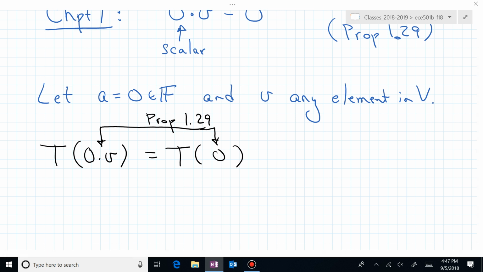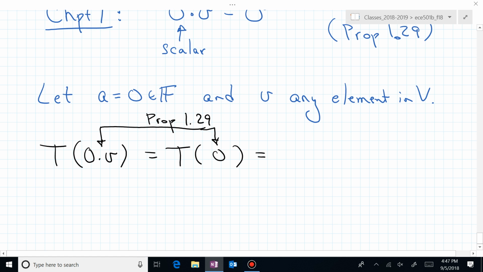But what do we know now if we sort of cover up this T of 0 and we say, if this is a linear map, then it has to satisfy homogeneity. So cover up the T of 0. What's on this next side of the equal sign?